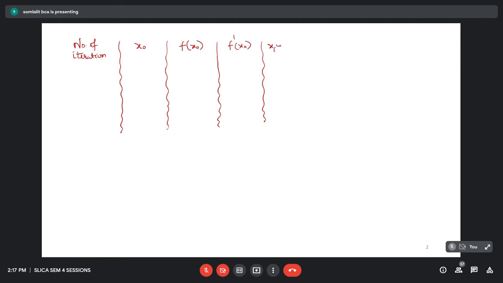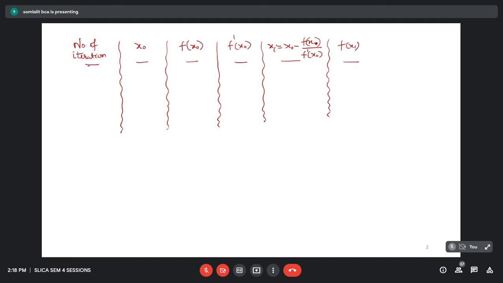So here I'll write number of iteration, then we'll have x0 here, then f of x0, we'll find f dash x0. Okay, then we have formula for the next approximation, which is x1 equals x0 minus f of x0 upon f dash x0. We'll get this, and then we will have f of x1. Right? This is what you need to do, as we discussed.